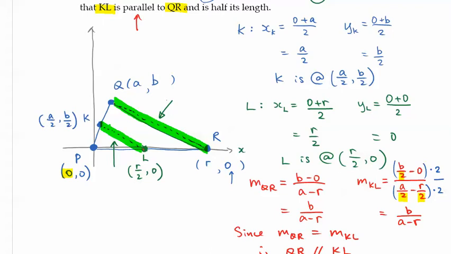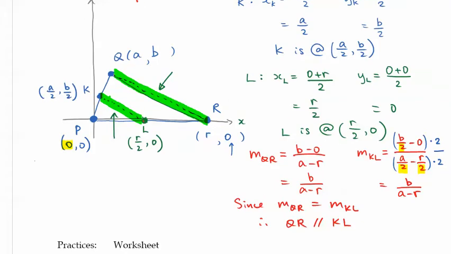And when it comes to distance, it should be pretty obvious that we need the distance formula. So here, set up the distance formula, find the distance from Q to R. Once again, we don't have numbers to work with.